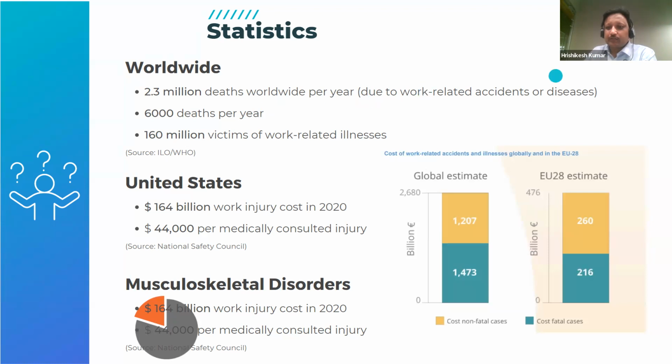The global estimate is around 2,600 or 2,700 billion that people, societies and countries spend on work-related diseases, work-related fatalities, etc. In Europe itself, they estimate more than 450 billion per year. So this is the problem space. It's a huge problem that has to be taken care of in the future.